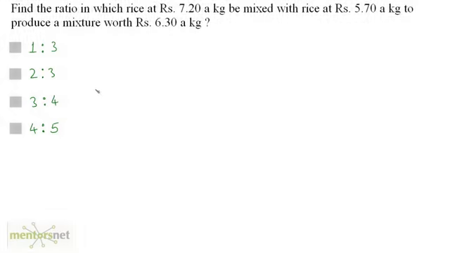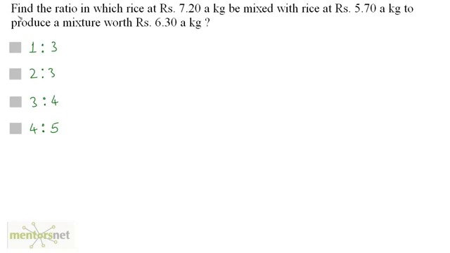Find the ratio in which rice at rupees 7.20 a kg be mixed with rice at rupees 5.70 a kg to produce a mixture worth rupees 6.30 a kg. Well, let us first find out what has been asked.